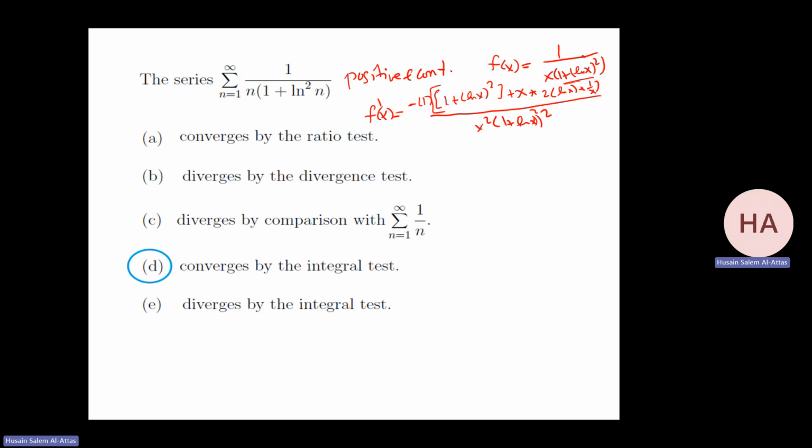Okay, this is for sure less than 0 for x greater than or equal to 1. This is cancelled, so the numerator is positive times minus 1, which is negative, and the denominator is all positive. So decreasing. So the conditions for the integral test are met.